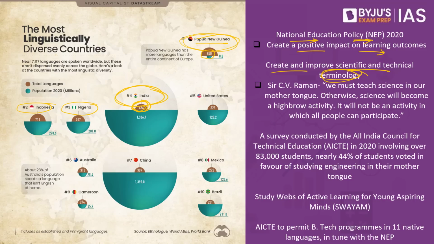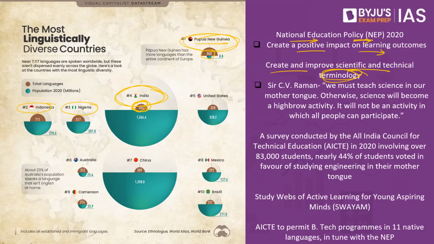So if we are able to come up with this vocabulary, terminology, people would be able to understand much better. If we are speaking about diode, transistors, or any other technical terminology, if the same can be introduced in regional languages, then students would be much more receptive to this particular mode of communication.